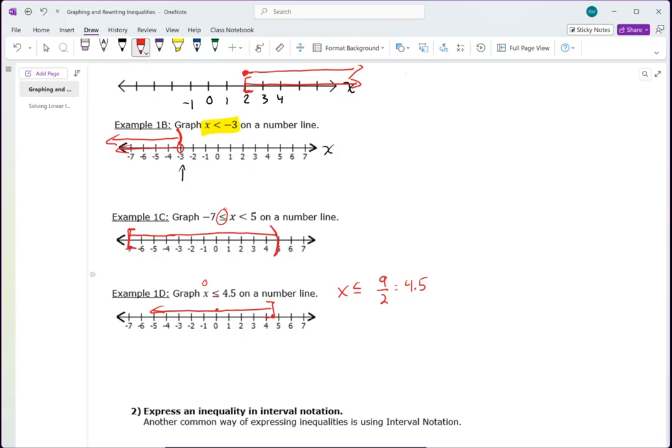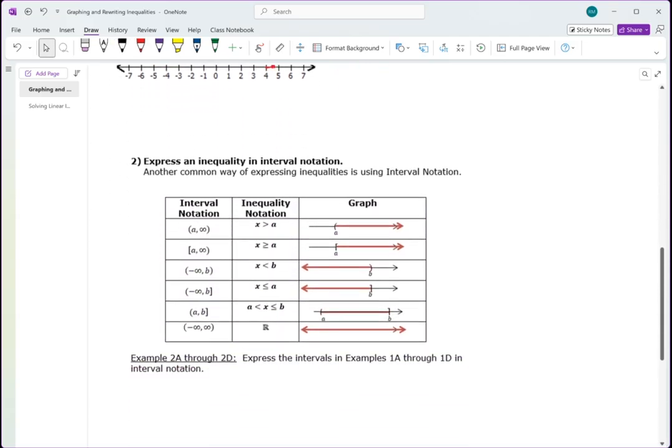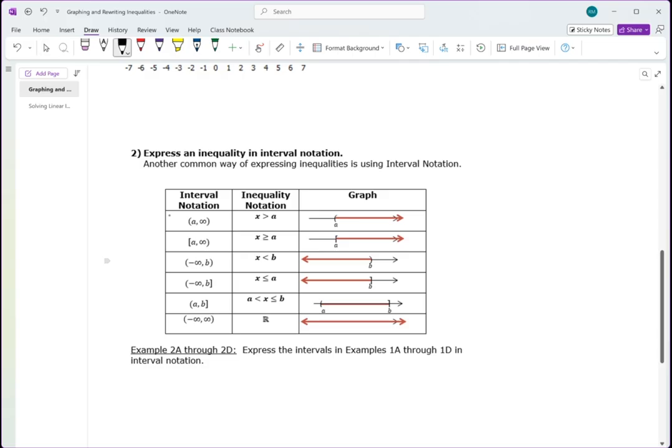Now, we are also very interested in rewriting inequalities. This notation that we have right here is called inequality notation. We also want to be able to write it in interval notation. This table shows us all the different interval notations that you can see.